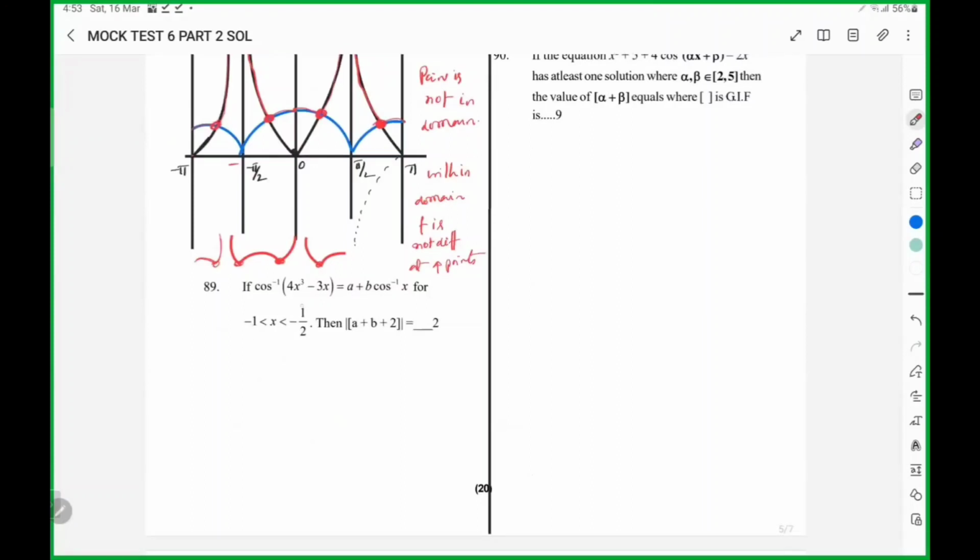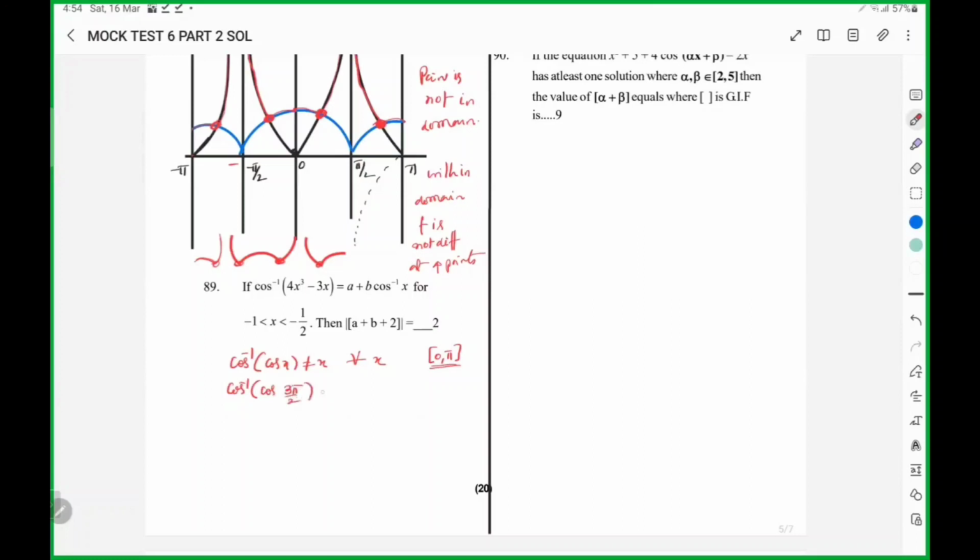So here, cos inverse of cos x is not x for all x. The basic cos inverse cos x graph, because the range of cos inverse x is 0 to pi. Simple example, cos inverse of cos 3 pi by 2.